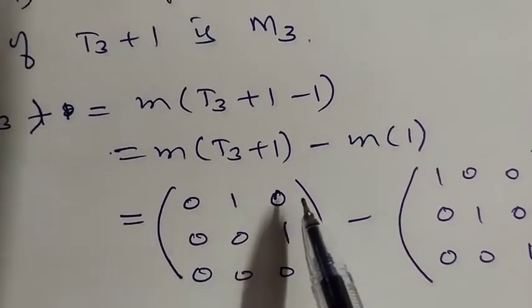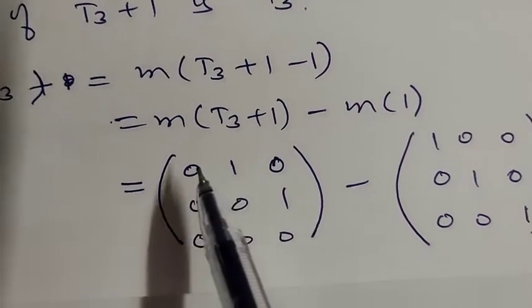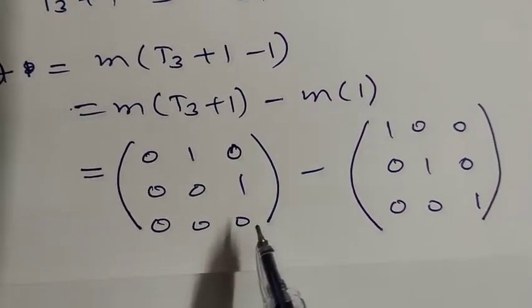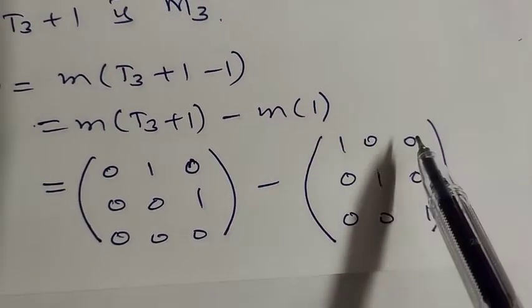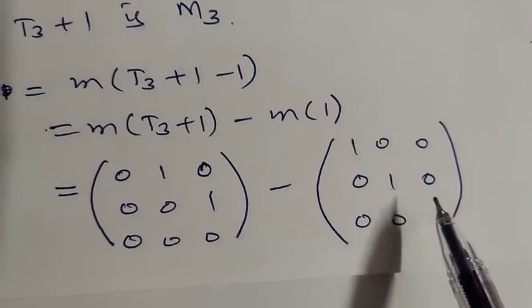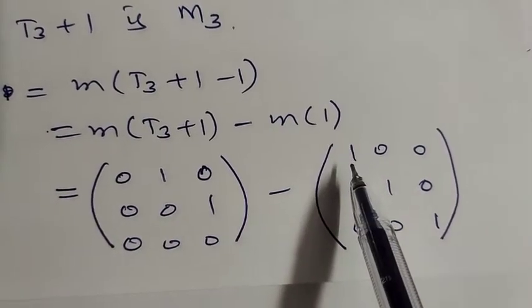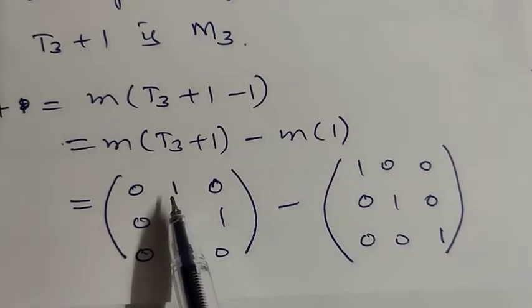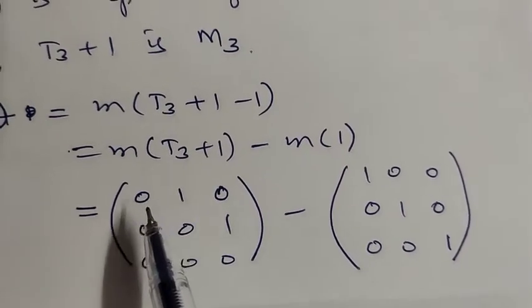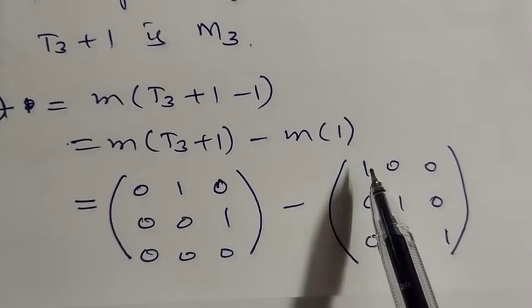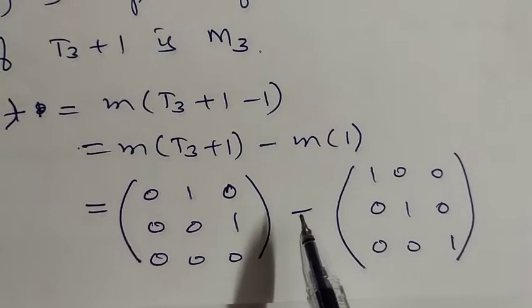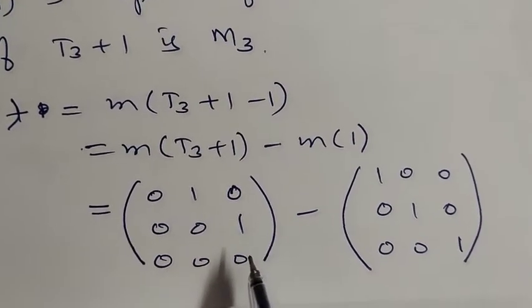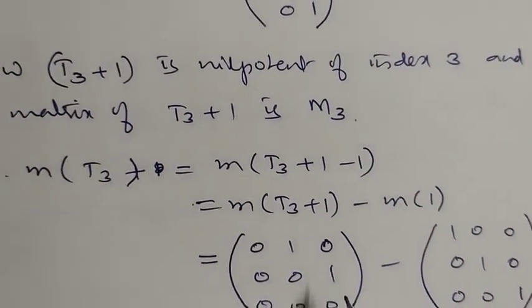The matrix of T3 plus 1 is the 3 cross 3 standard nilpotent form, 0 1 0, 0 0 1, 0 0 0, minus the 3 cross 3 unit matrix, 1 0 0, 0 1 0, 0 0 1. While subtracting, you should be very careful. So it becomes minus 1, 1, 0, 0, minus 1, 1, 0, 0, minus 1, because the first entry is minus 1. Okay, so this is nothing but the matrix of T3.